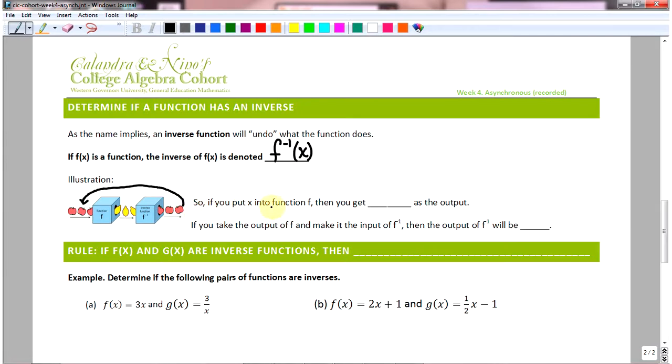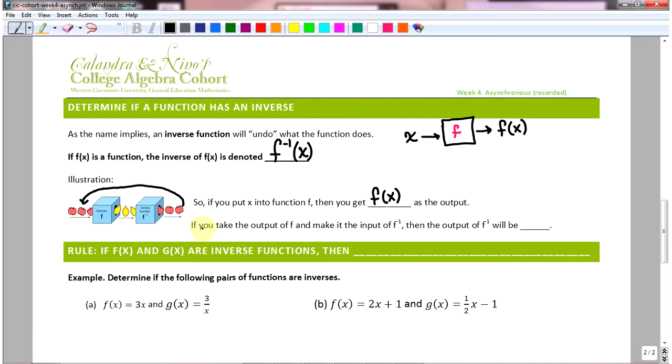So if you put x into a function, then you get f of x as the output. Let's say that we have our function machine f. If we put x into that function, the output, or the y value, is denoted f of x.